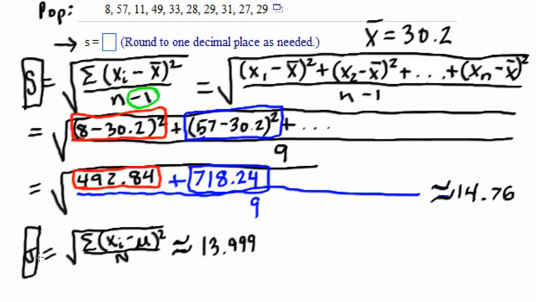And if you're dealing with population parameters as opposed to sample statistics, population parameters are dealing with Greek letters like sigma for population standard deviation, and mu for population mean. Okay, so just a quick example of standard deviation.